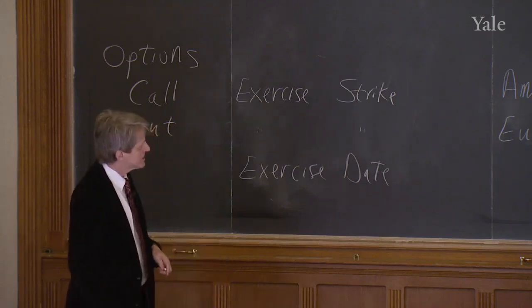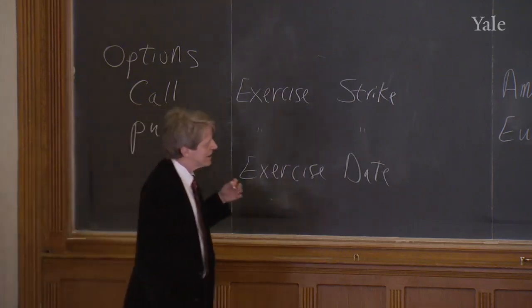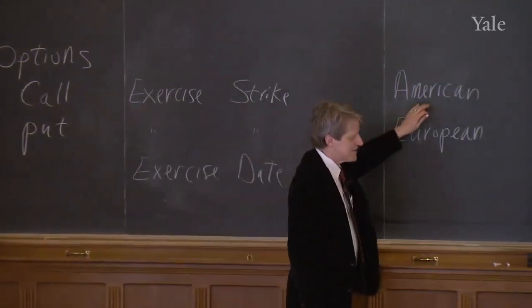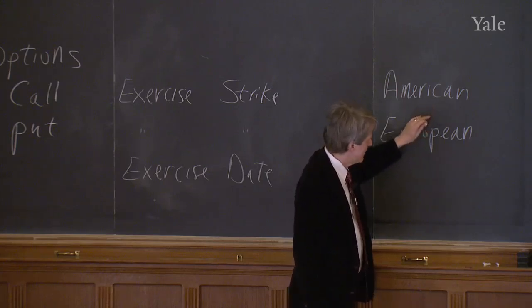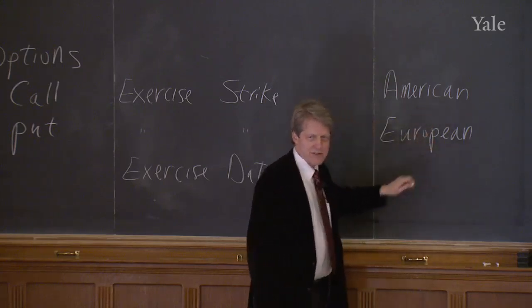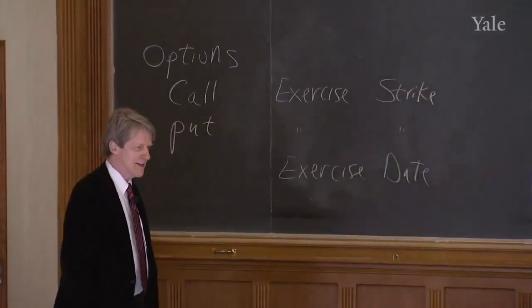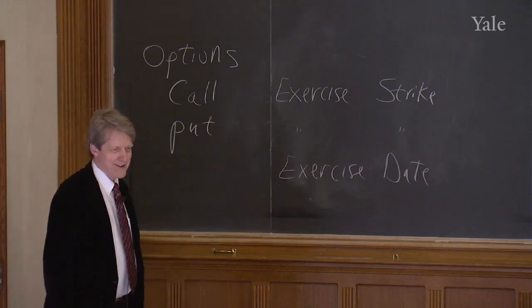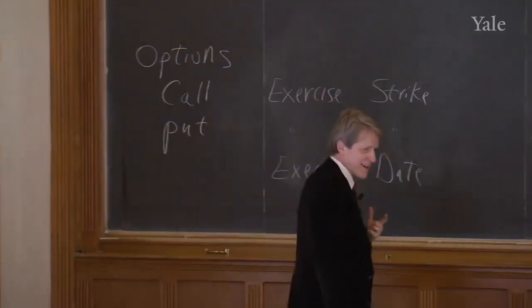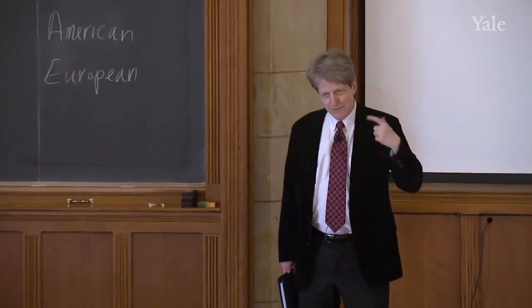So the American option is better than the European option for the buyer, because the American option can be exercised at any time until the exercise date, whereas a European option can be exercised only on the exercise date. But you see, the American option has to be better, or not worse than, I don't know if it's strictly better, but not worse than a European option, because you have more options.